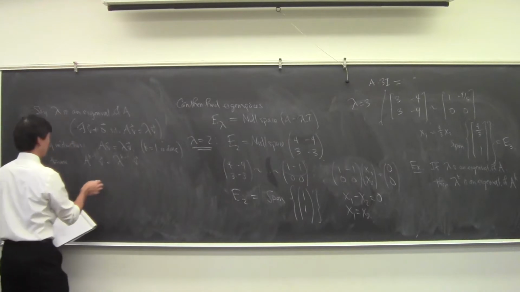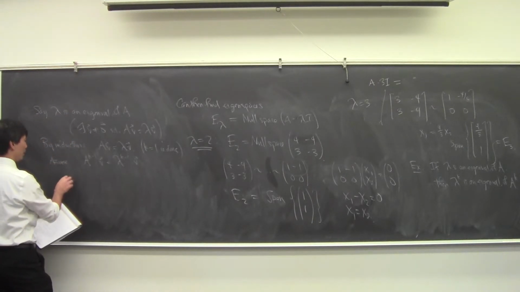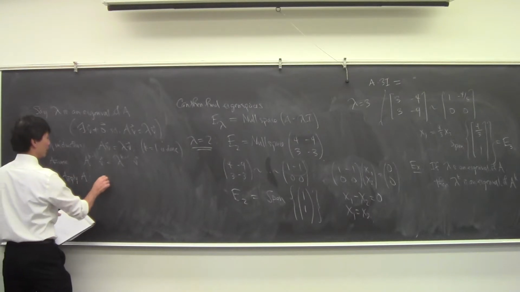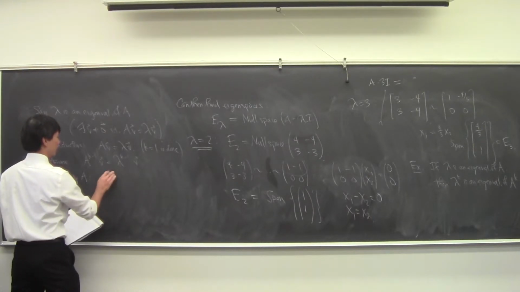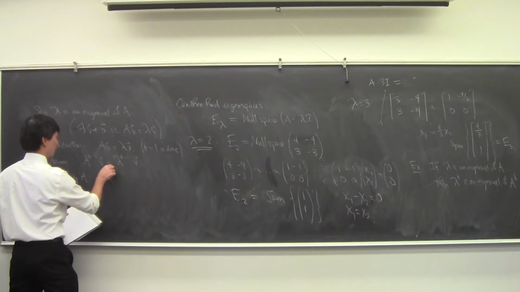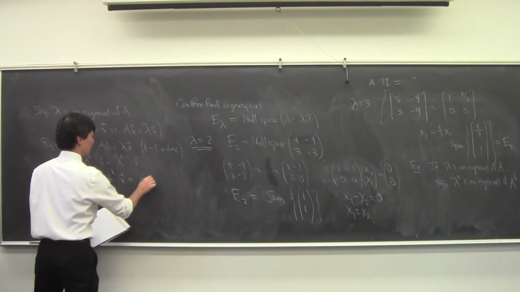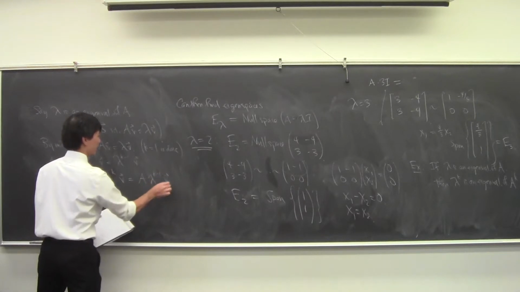And then apply A. You get A to the k v equals A lambda to the k minus 1 v.